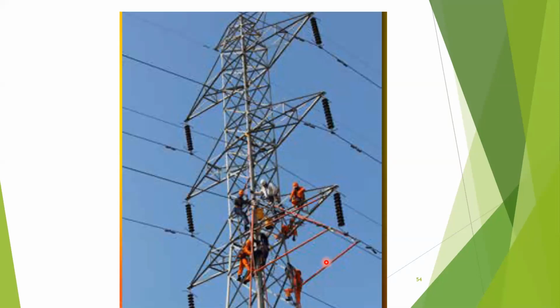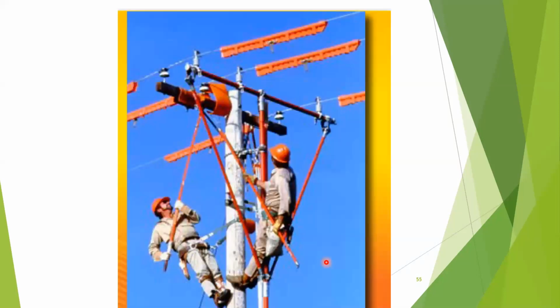What are these guys doing? Now, these guys are going to remove this total cross arm with insulators. Conductor covers over here can be put using the gripple sticks, and then this arrangement.